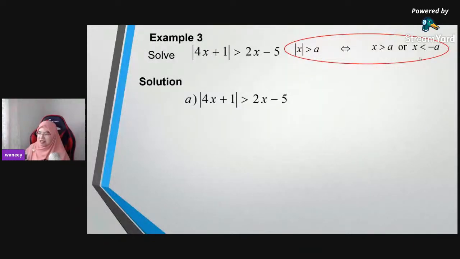X greater than 3 or X greater than -3 or X less than 2/3. Tak ada lagi ni. I don't see any correct answer yet.